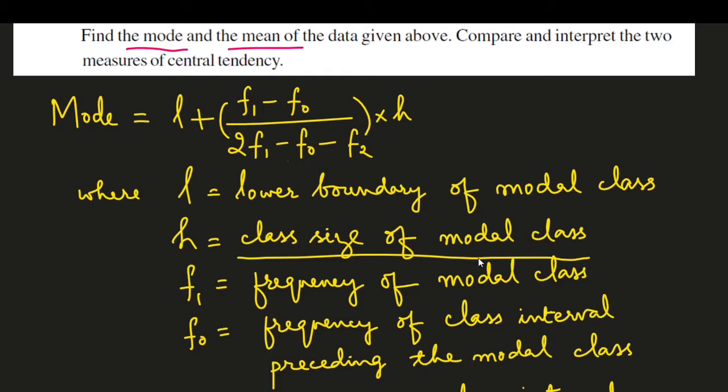The class intervals should have equal class size. Then only we can use this formula. If the class size is different, then we have to make some modifications in this formula. This formula is used for calculating mode having same class size for model class, the class interval preceding the model class, and the class interval succeeding the model class.